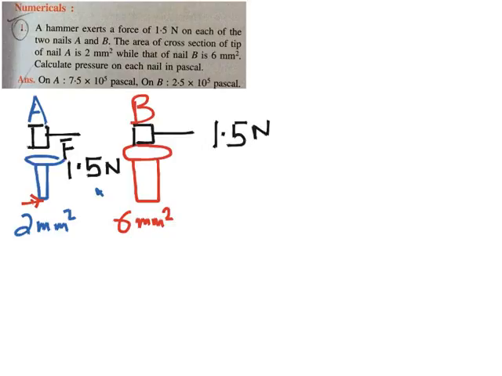Okay, so both the forces are the same, but they are asking for the pressures on each nail. Will the pressure be different? Let's see why it is different and how it is different.